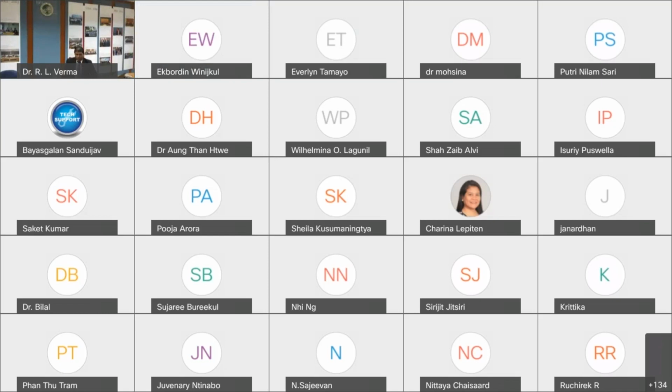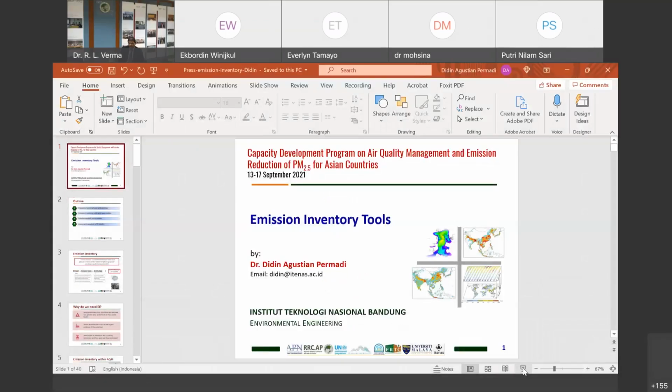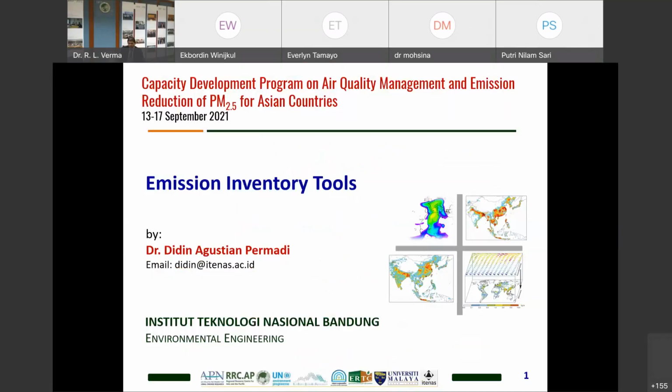Dr. Paramadi is a lecturer at ITENAS, Indonesia. His research is mainly focused on the application of three-dimensional chemistry models, transport models, emission inventory, environmental impact assessment and monitoring, and air pollution and climate change linkages. He has published many research papers in highly reputed journals, including 16 book chapters.